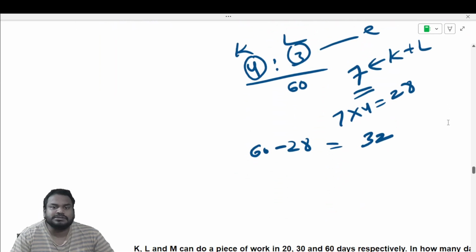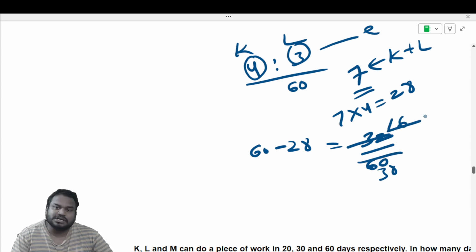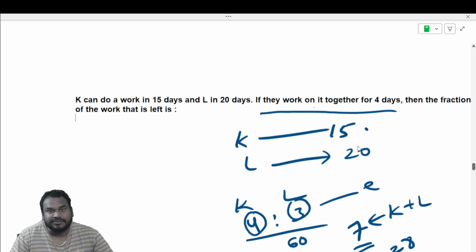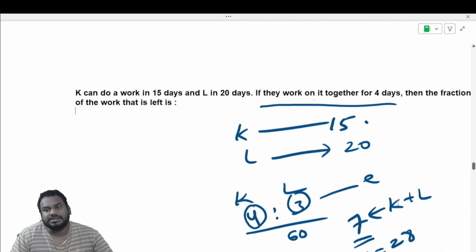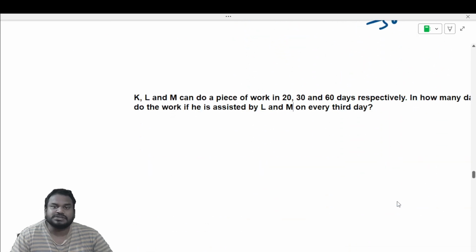If 32 is the amount of work left, then out of 60 parts, 32 is left. So that is nothing but 16 and 30, 8 and 15. 8 by 15 is the value. 8 by 15 is the fraction of the work that is left.